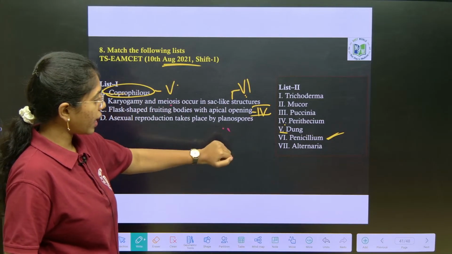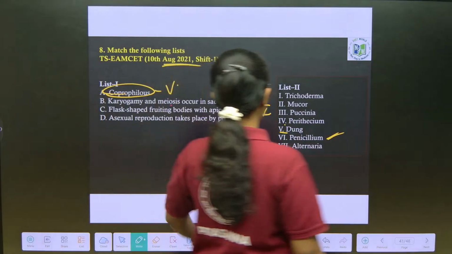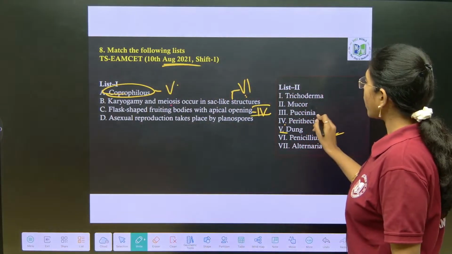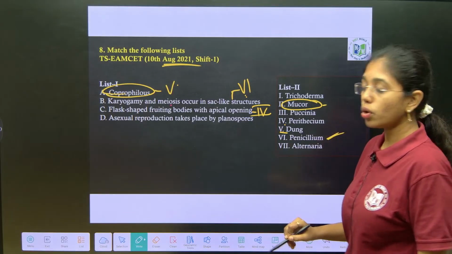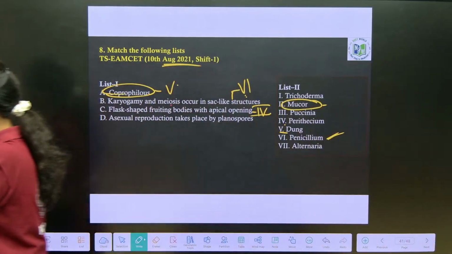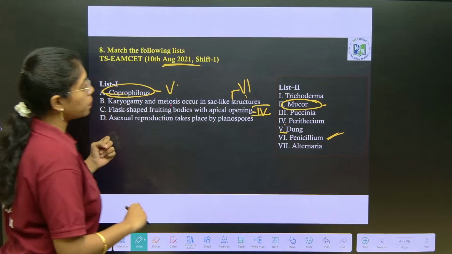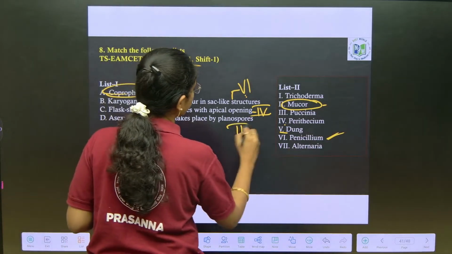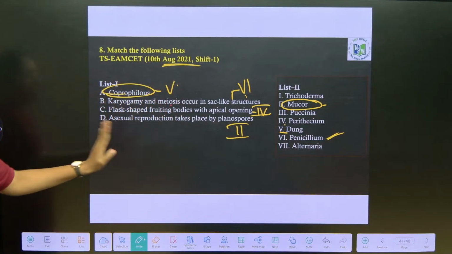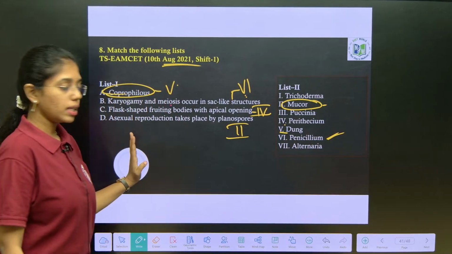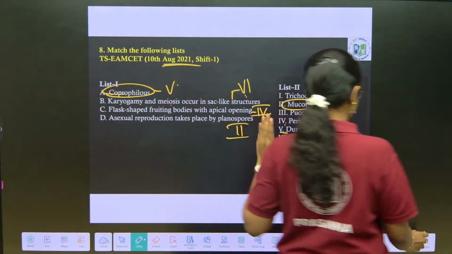These are observed in Phycomycetes: Mucor, Rhizopus, Albugo. So, D is 2. Right, ma'am. A5, B6, C4 and D2. This is the correct match.